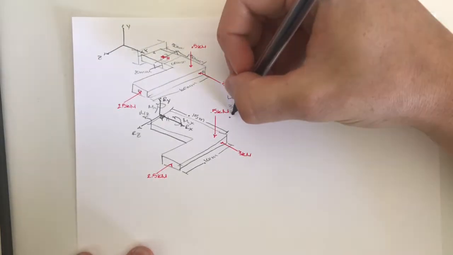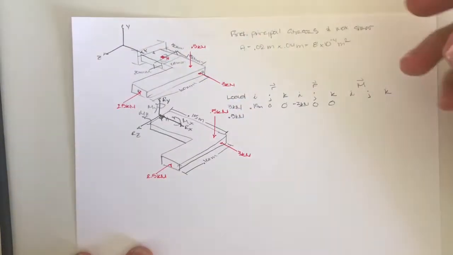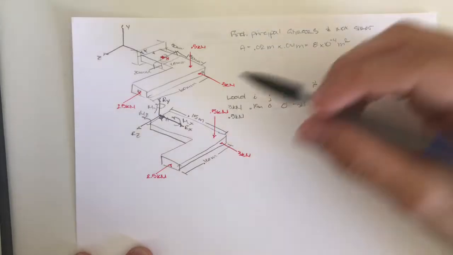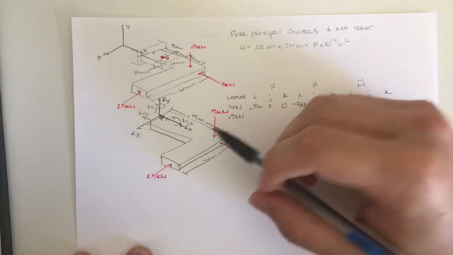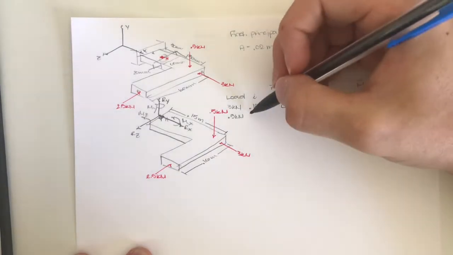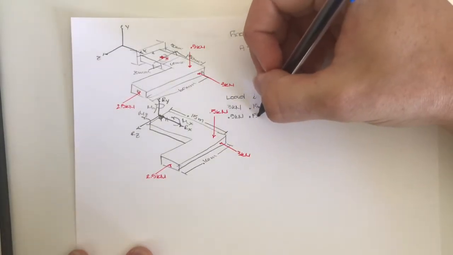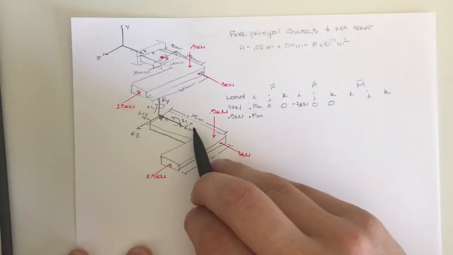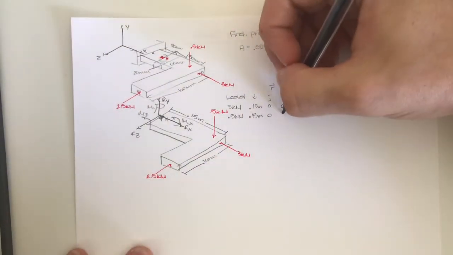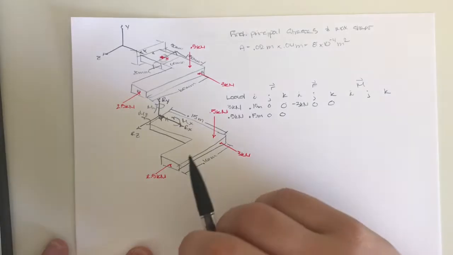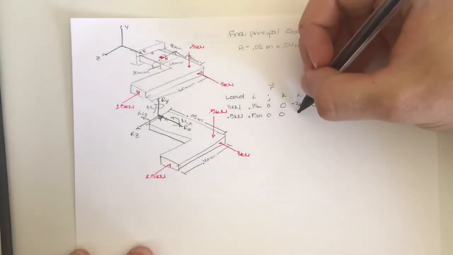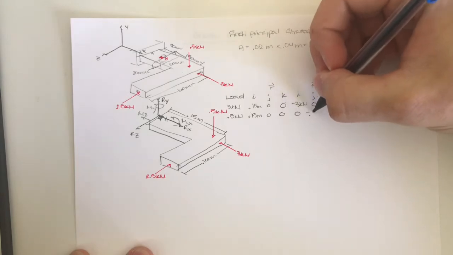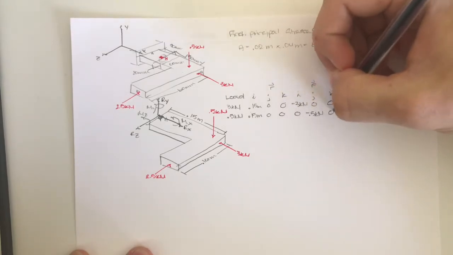All right, for the next one, 0.5 kilonewtons, the position is 0.15 meters in the x direction. This also doesn't move in the y or the z, so that's 0 and 0. For the force, we know that it is in the negative y direction, so that's 0, negative 0.5 kilonewtons, 0.